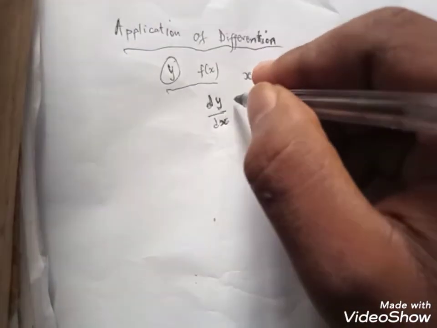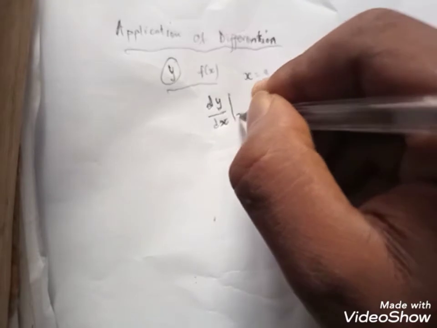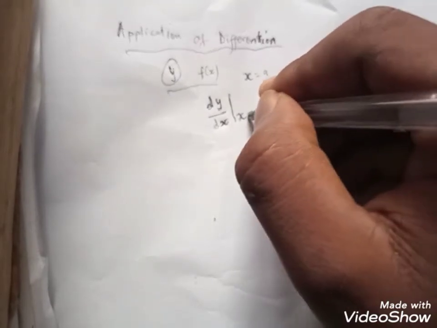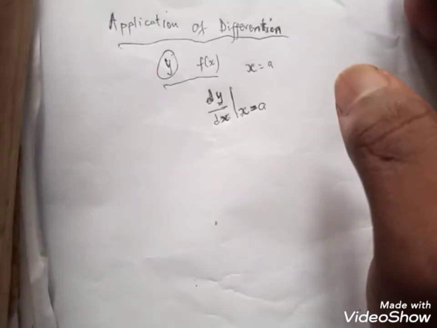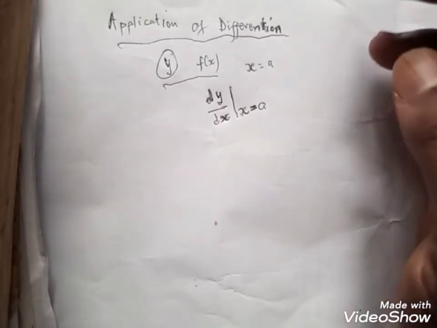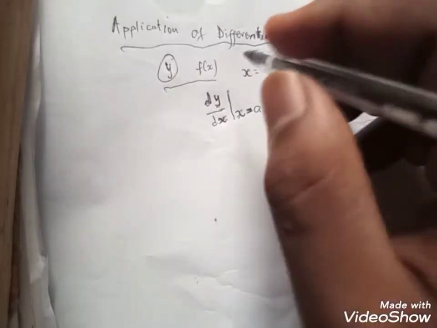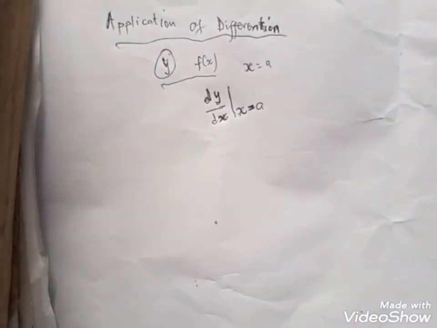Then you plug the value given into the differentiated function, and then you obtain your gradient. That is all. You will get your gradient. Simply as that. If you want to know what I've done, then let's look at this example.